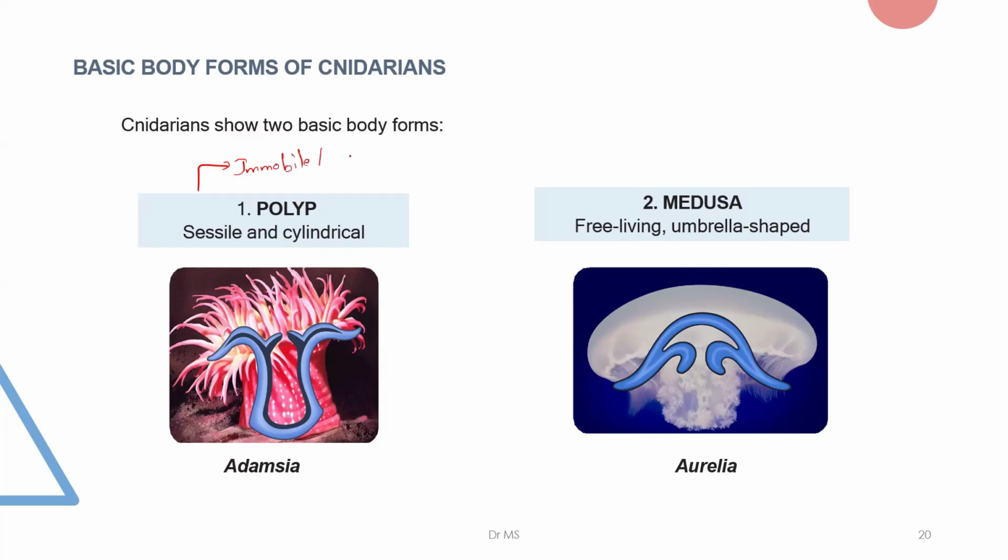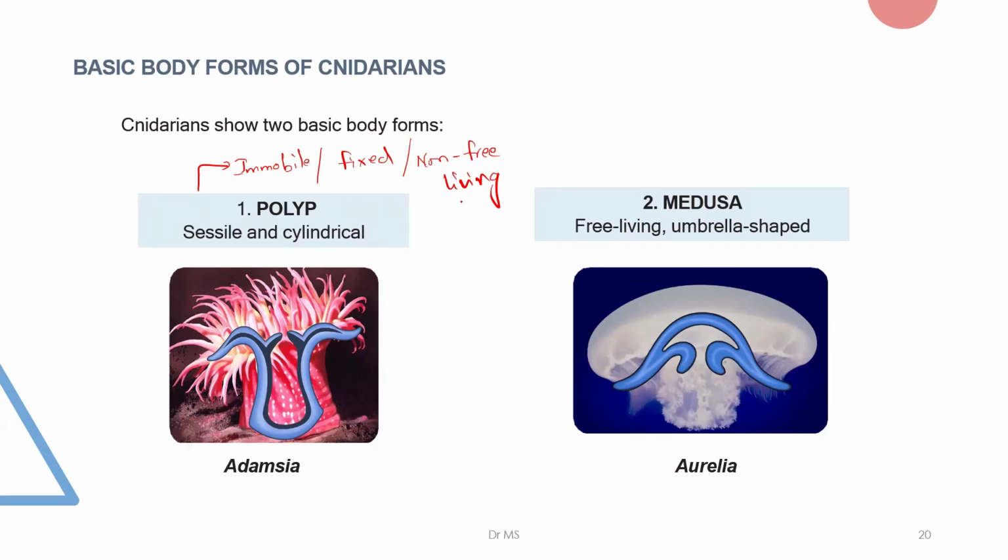So remember, sessile or immobile or fixed, or non-free living. The statements can be given in any way. They can say sessile, immobile, fixed, or non-free living. All these will be shown by the polyp, which is the cylindrical form.